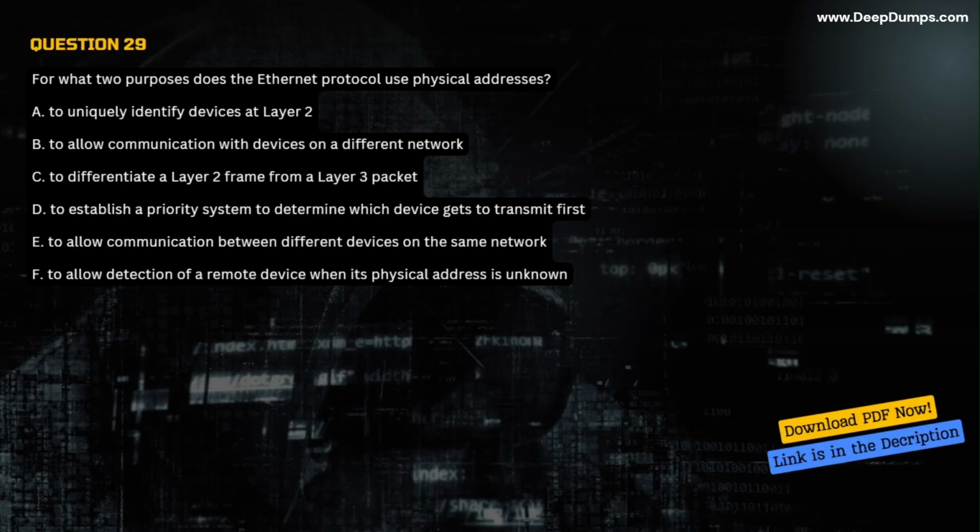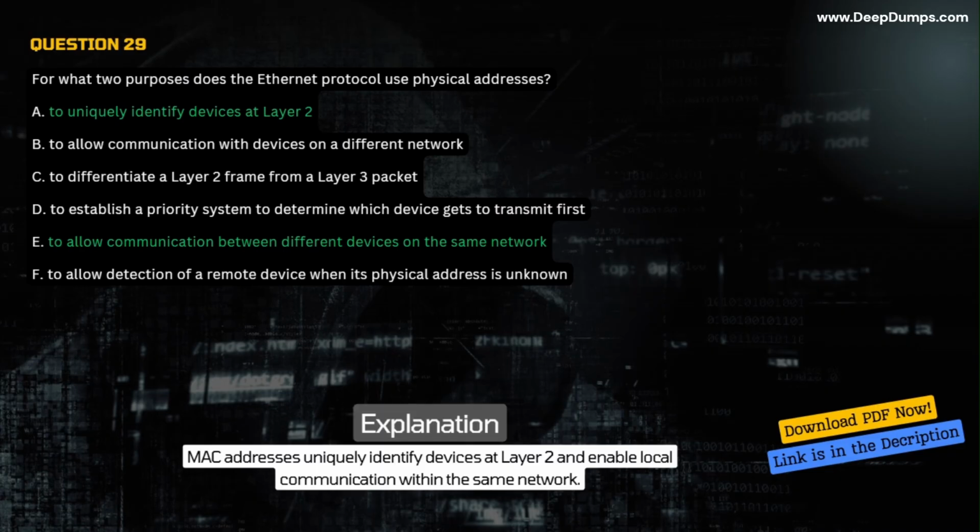E. To allow communication between different devices on the same network. F. To allow detection of a remote device when its physical address is unknown. Correct answer A and E. To uniquely identify devices at Layer 2. To allow communication between different devices on the same network. Explanation: MAC addresses uniquely identify devices at Layer 2 and enable local communication within the same network.